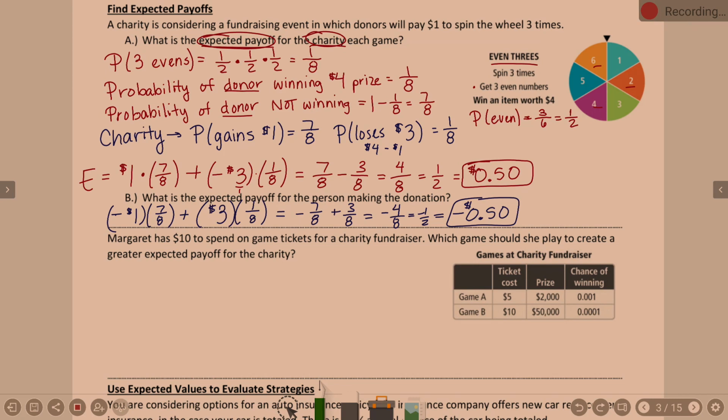So, Margaret has $10 to spend on game tickets for a charity fundraiser. Which game should she play to create a greater expected payoff for the charity? So, always read there, what is it we're looking for? Greater expected payoff, and this is for the charity.